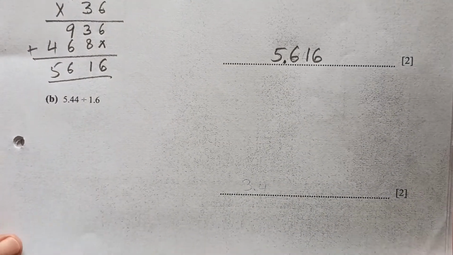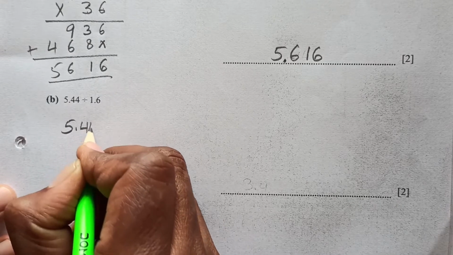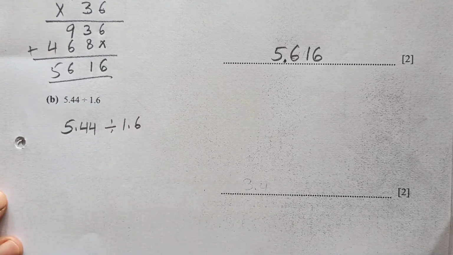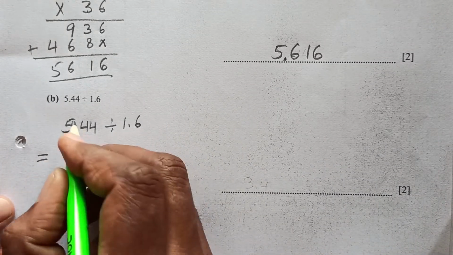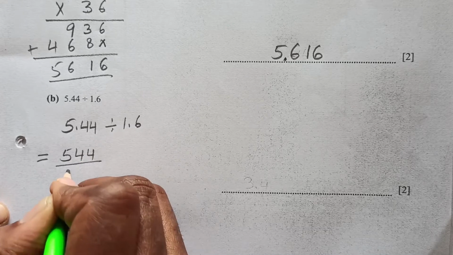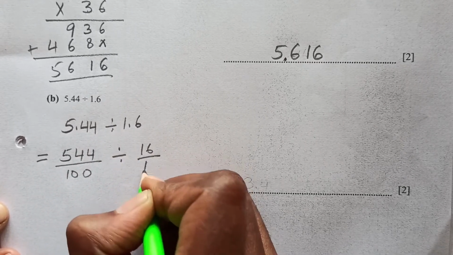Now next one is 5.44 divided by 1.6. So first of all we will remove the decimals to make it easier. 544 over 100, and then divide by 16 over 10.